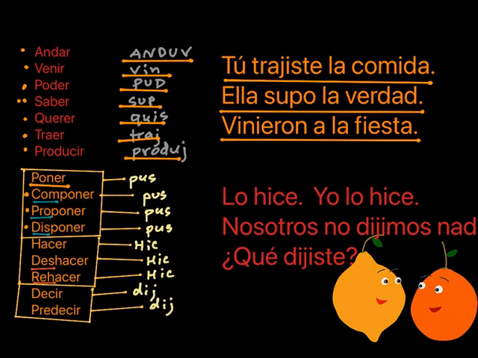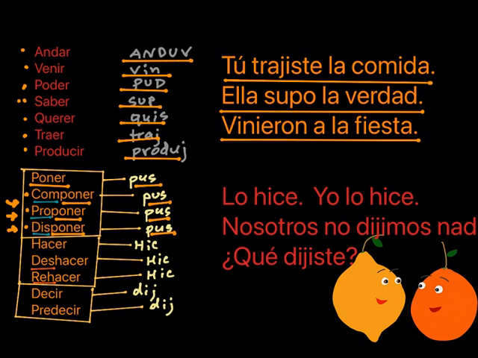And yet, if you pay attention to the root, which would be poner, it is all the same root. And what is different are the prefixes, and they do not change anything. They do not change the conjugation. They change the meaning, but not the conjugation. So note that the irregular root will be pus in all of them. So it does not change. So really what you're learning here is only one irregular verb.